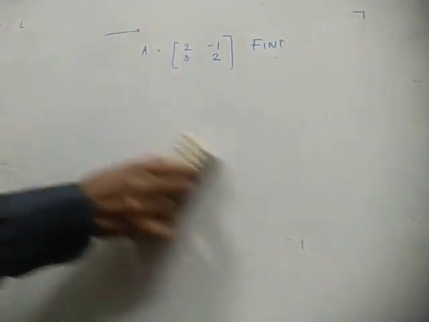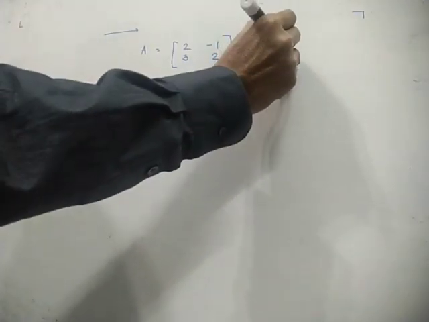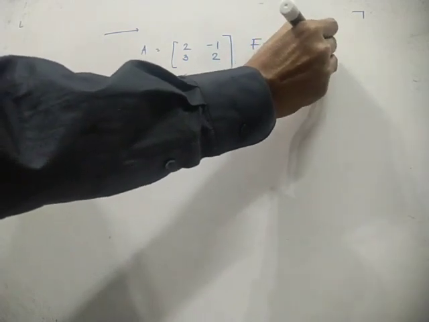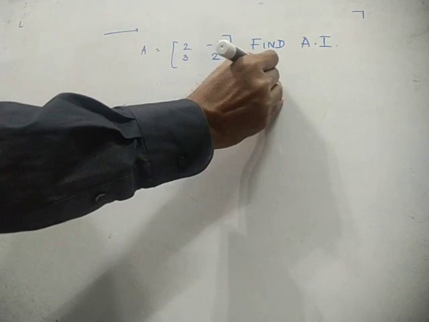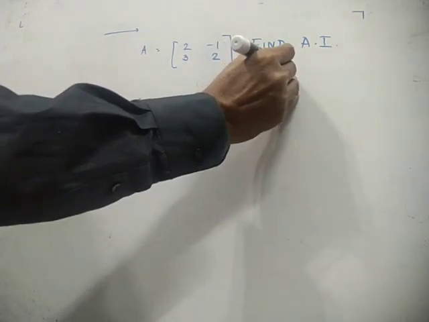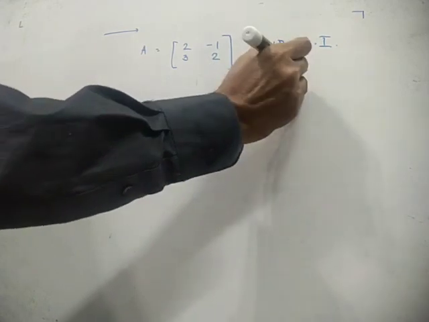Now you probably know the unitary matrix or identity matrix, that is I, capital I. If we have it of order 2, we write it as I2 or only I. The order is known, it is 2 by 2.